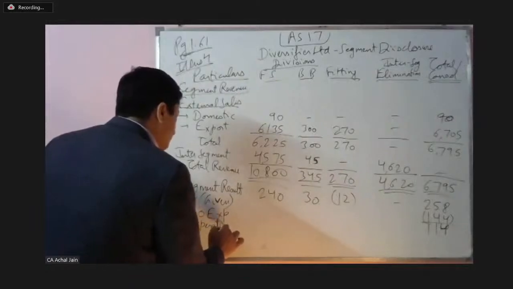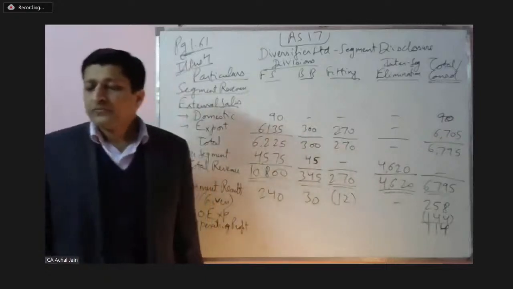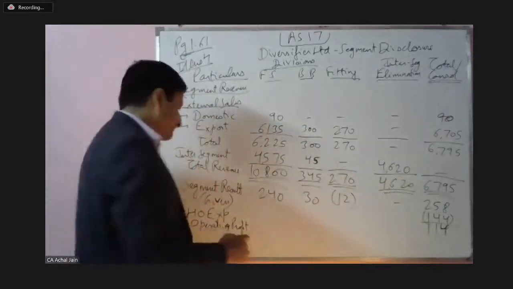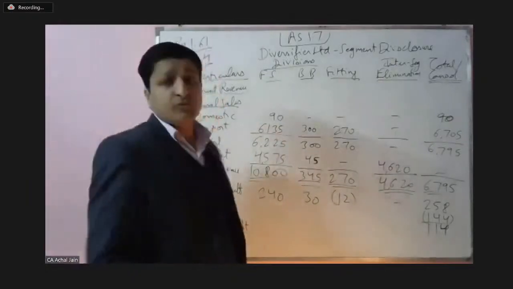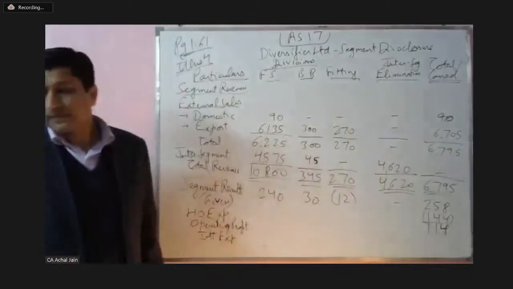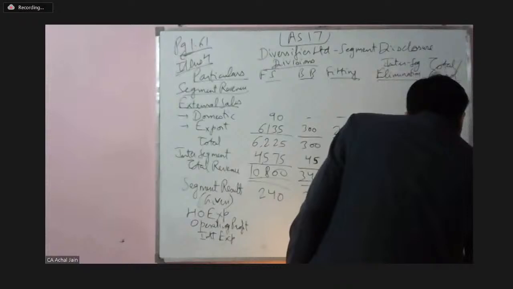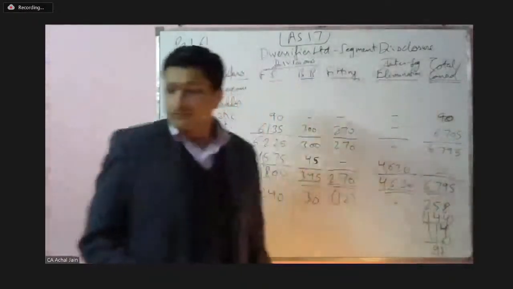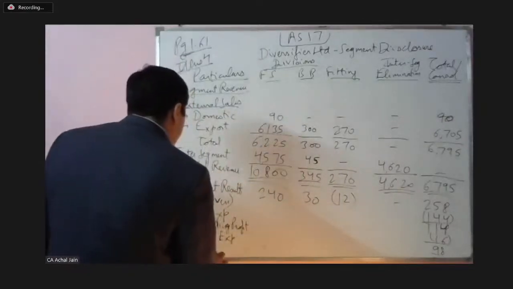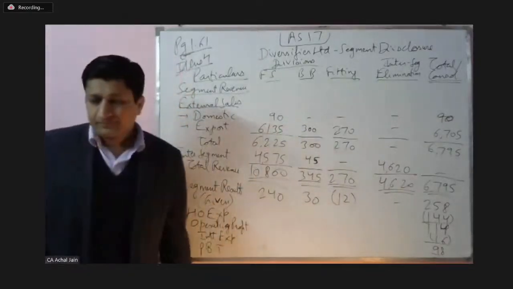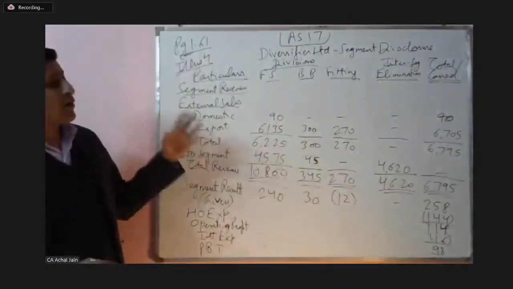Operating profit means profit which is generated from operations. From this, we need to exclude the interest. Interest expense, if you remember, doesn't form part of segment expenses. So we will exclude this from the total amount, 16. So what do we get? 98. So this 98 is what? Profit before tax. So this is the information in respect of P&L of this company.